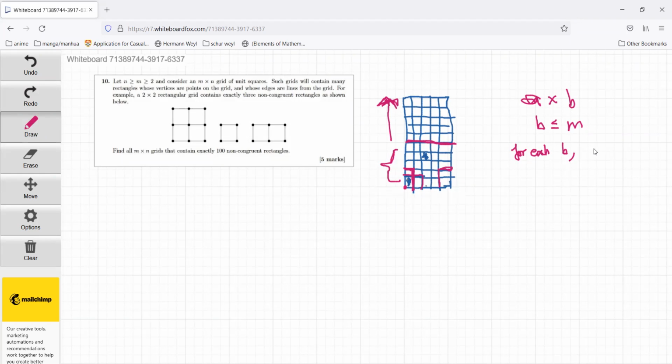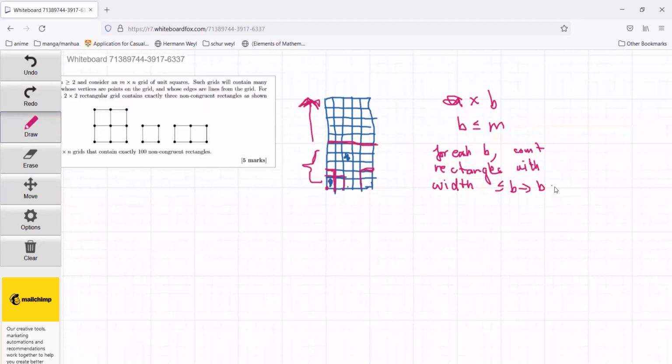So this gives us B rectangles for each B. Adding this up over all the B's less than or equal to m, this gives us exactly half times m times m plus 1, right?